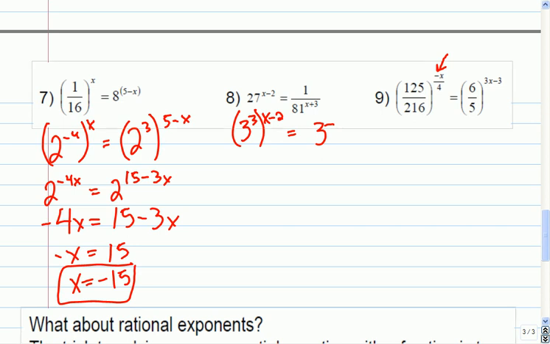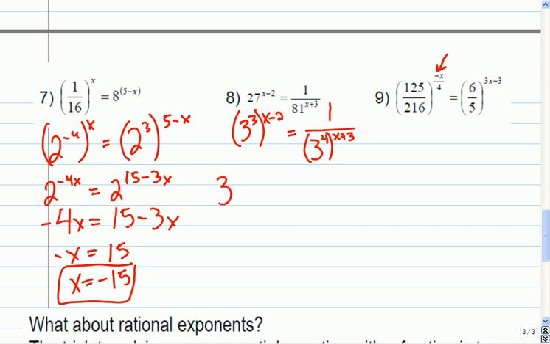Maybe I'll go one step at a time. Some of you might be able to jump a step like that, but just in case, I could rewrite this as 3 to the 4 to the x plus 3. And this will be 3 to the 3x minus 6, over 3 to the 4x plus 12.